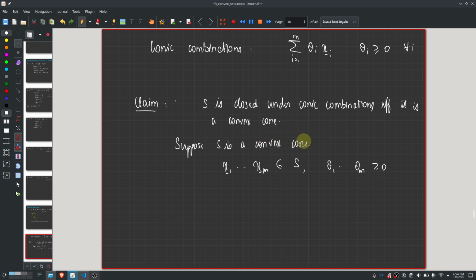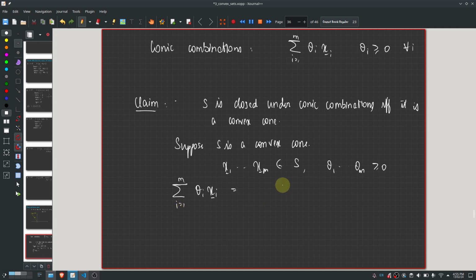First convex, then cone. So I want to show that the summation i equal to 1 to m of theta i xi lies in S. How do I get a convex combination from a conic combination? I could potentially just normalize this.